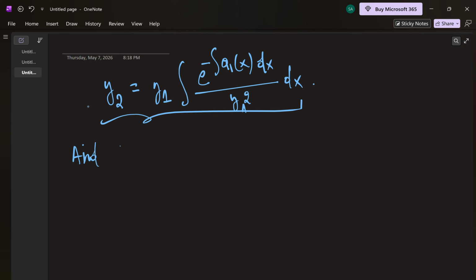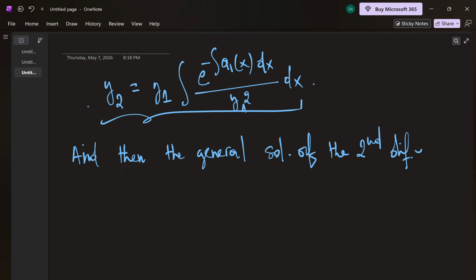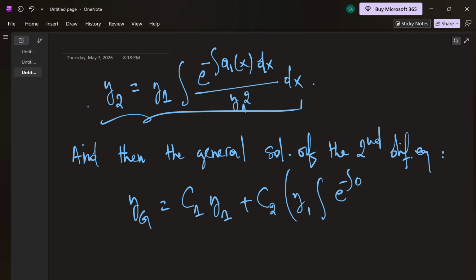then the general solution of the second order differential equation would be simply yg is equal to c1 y1 plus c2 y2, that is simply y1 the integral of exponential a1x dx over y1 squared dx.